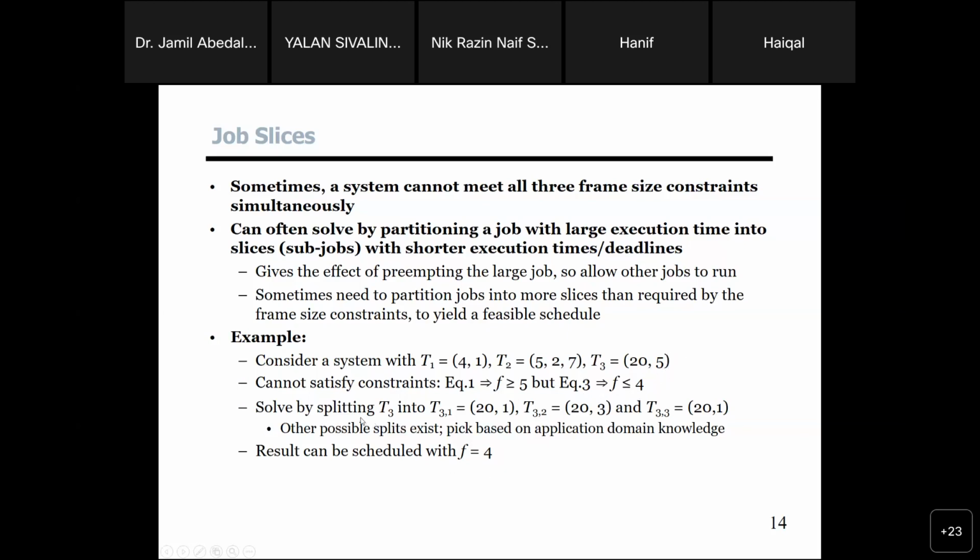We split it into 3 jobs, like 20 and 1, 20 and 3, 20 and 1. So total execution will be 5, but we divide it into 3 sub jobs. Other possible splits exist based on the application domain knowledge. The result can be scheduled with frame size equal to 4.